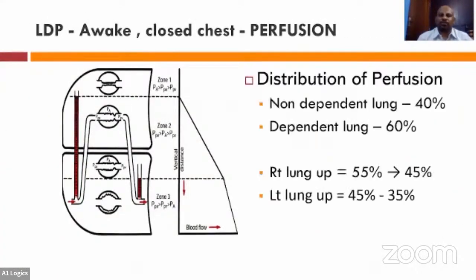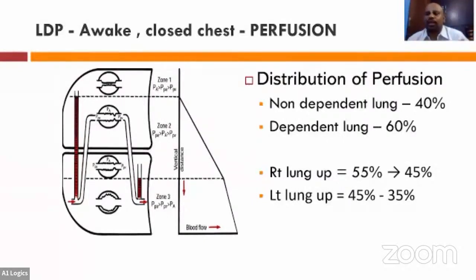So what happens to the perfusion? Once a person assumes a decubitus position, immediately the cardiac output goes better to the dependent lung. There's a 10% increase. So if it was 50-50, once a person lies down, his dependent lung will start to receive 60%, and the non-dependent upper lung will receive 40% of the blood. If the right lung was up, remember we had a regional difference with respect to the lung tissue.